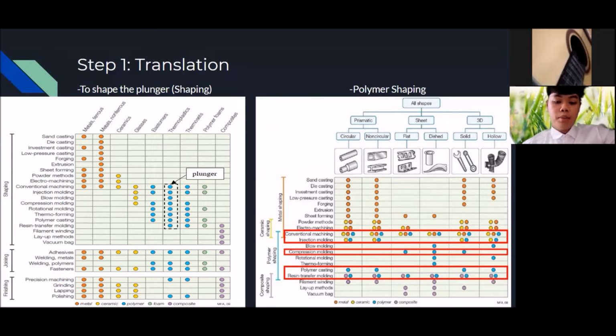So we found polymer shaping, and it is 3D and solid. Hence, there are in total 5 classes of shaping processes such as conventional machining, injection molding, compression molding, polymer casting, and resin transfer molding. All these processes can be considered as polymer shaping processes for manufacturing the plunger.